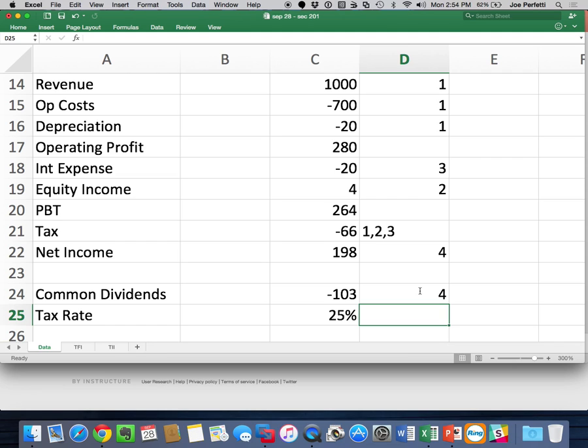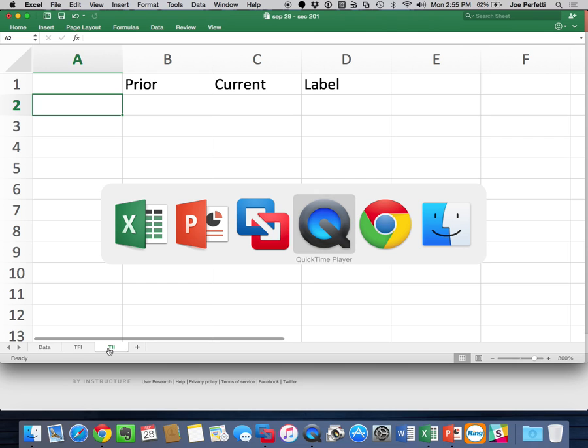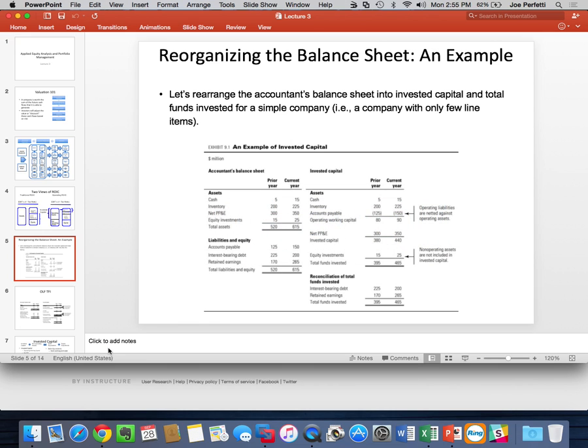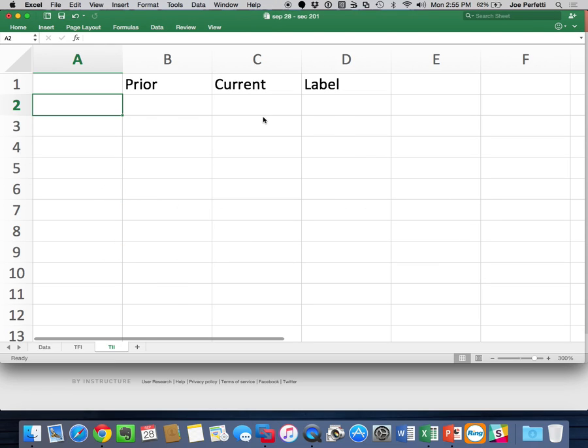Format of the statement. So, back to TII. We've done our labeling. Let's now create our statement. The first item we want to do, back to the process, is we want to take all of our operating items and we want to create our NOPLAT. Now again, I don't like taking too many shortcuts at this point in the semester, but here's one that I will let you take.